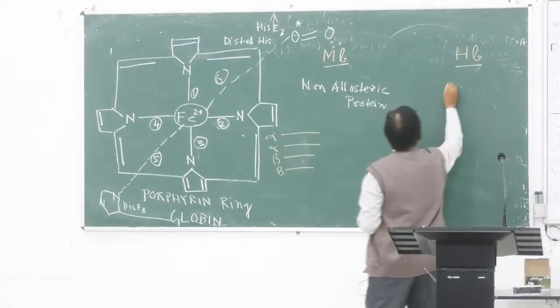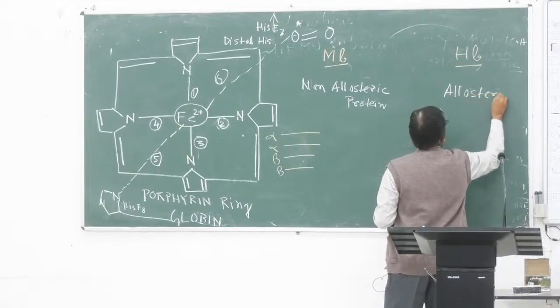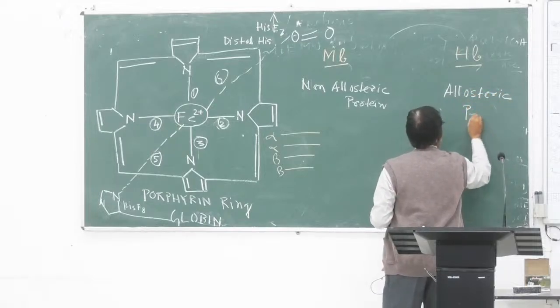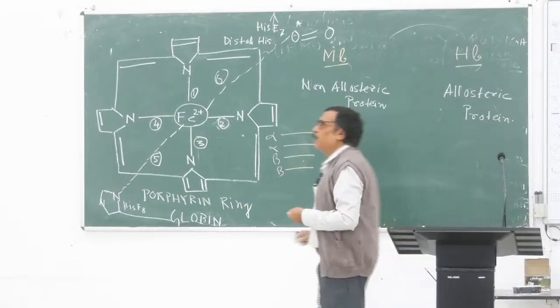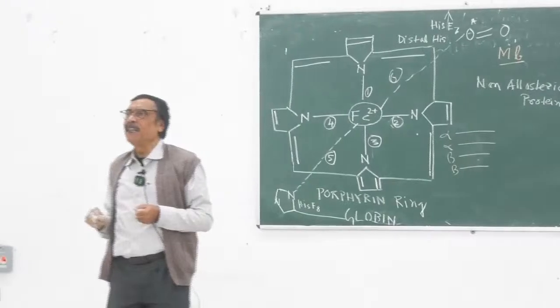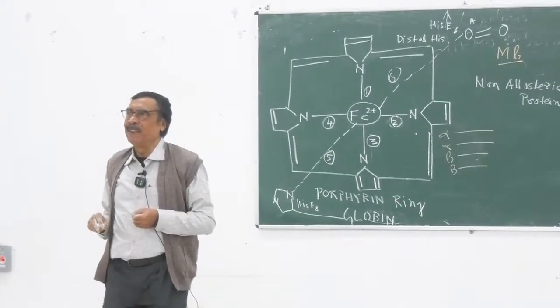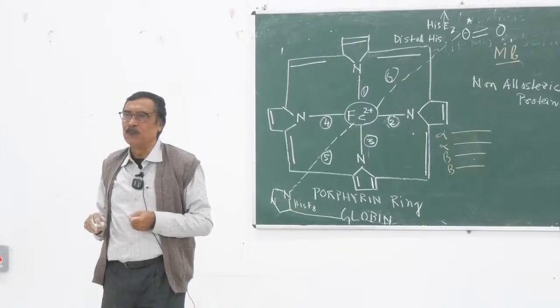Hemoglobin is the allosteric protein. মানে অ্যালোস্টেরিক প্রোটিন আর নন অ্যালোস্টেরিক প্রোটিনের মধ্যে তফাৎ কি? অ্যালোস্টেরিক প্রোটিনের activity is modified by some effectors, by some allosteric molecules.